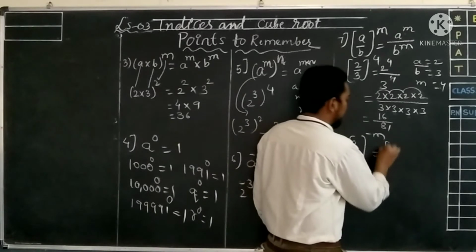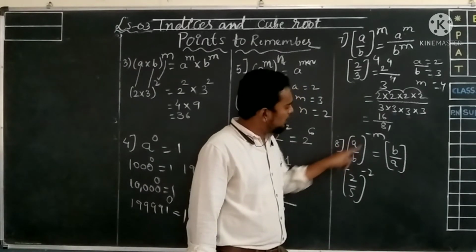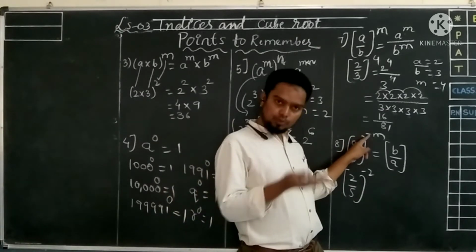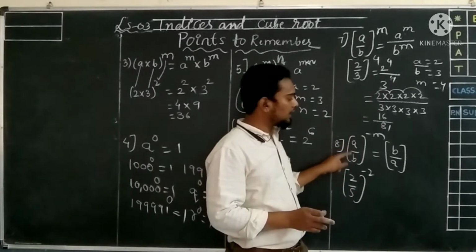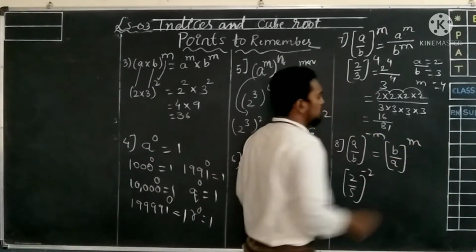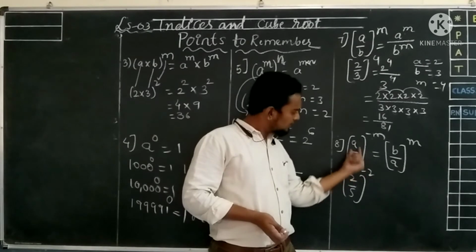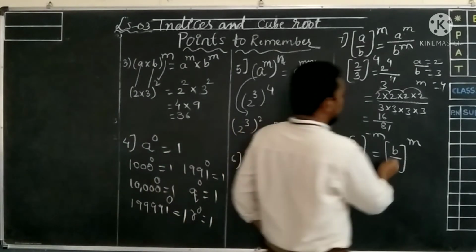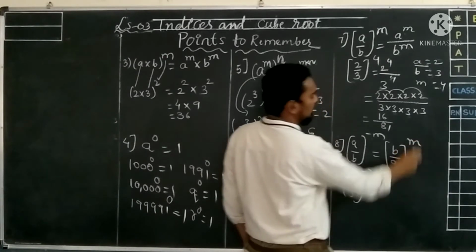Now we will convert this minus n to positive n. Therefore, a upon b whole to the power minus n is equal to b upon a whole to the power n, because when the position of the alphabets changes, their sign also changes.